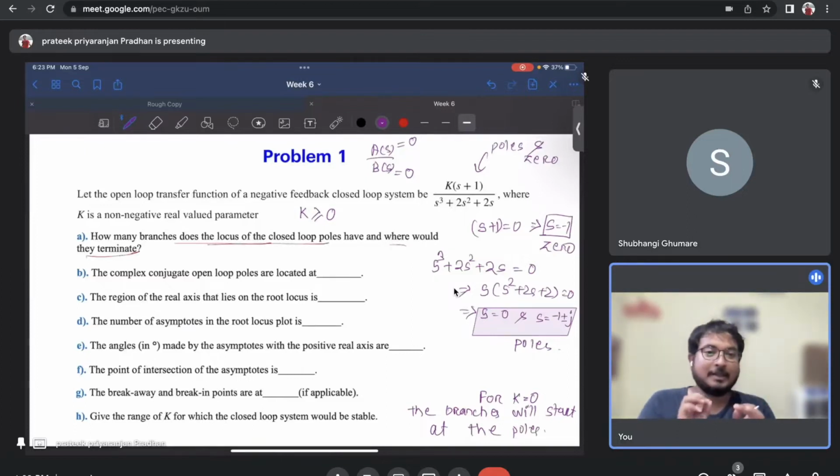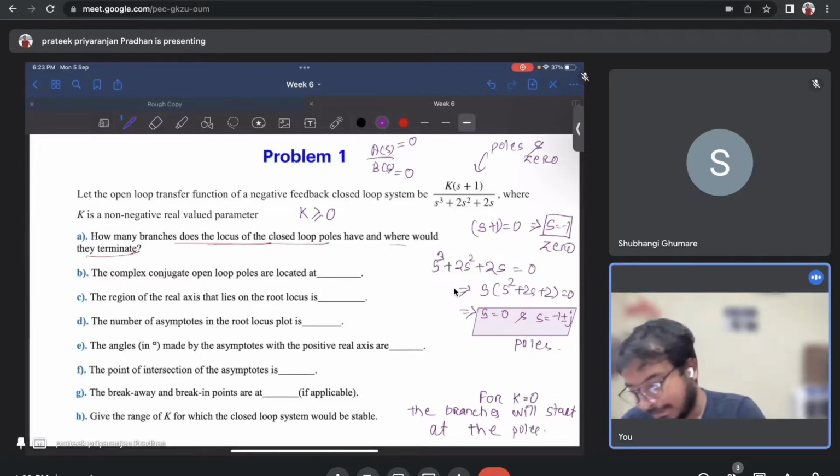So the number of branches is equal to 3.